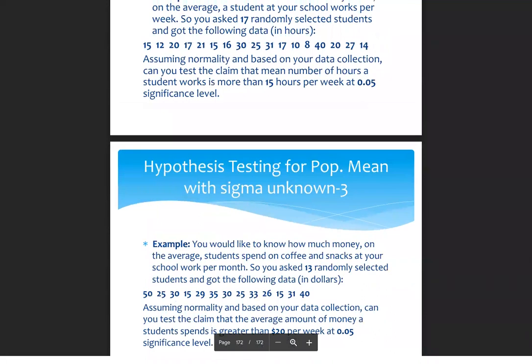Okay, so for this one, let's see what is the mean and the standard deviation. I have that one. Let me check. It's L3.